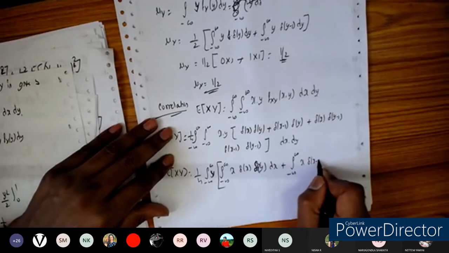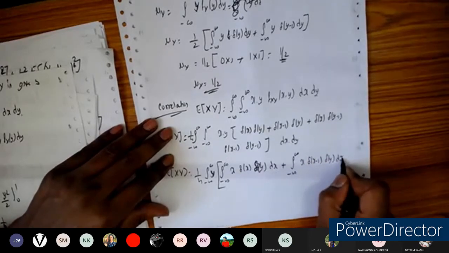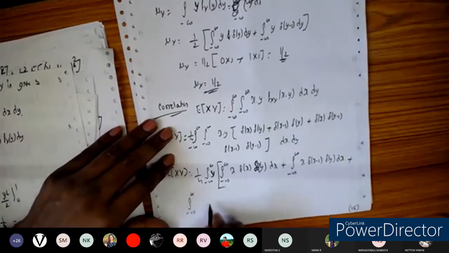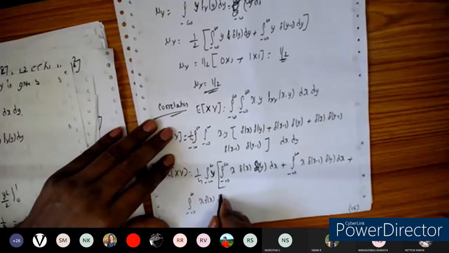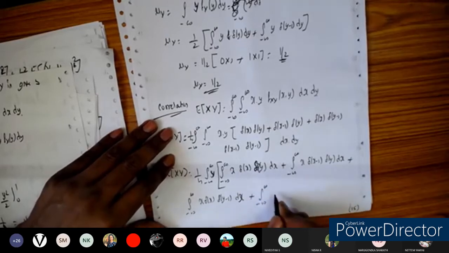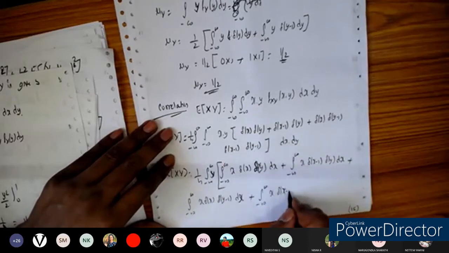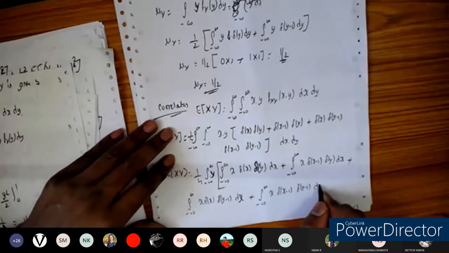So x into delta of x minus 1 into delta of y into dx, plus the integral from minus infinity to plus infinity of x into delta of x into delta of y minus 1 into dx, plus the integral from minus infinity to plus infinity of x into delta of x minus 1 into delta of y minus 1 into dx. Let us integrate this here.